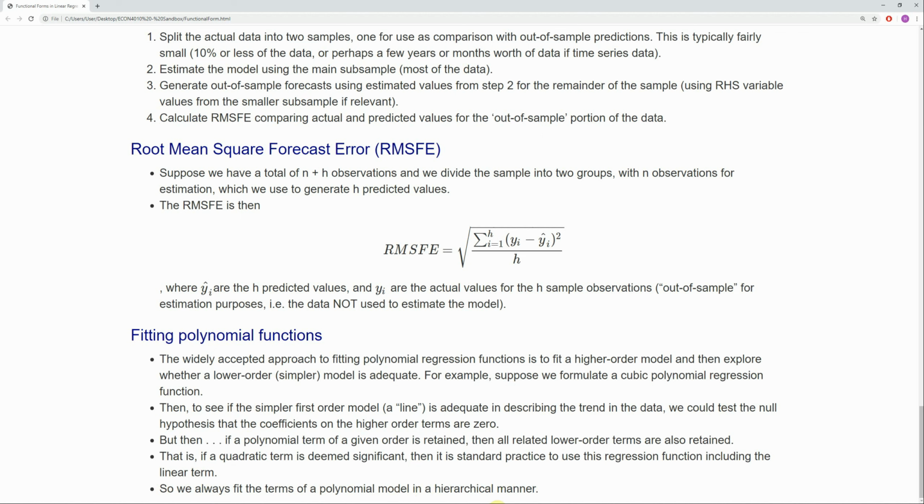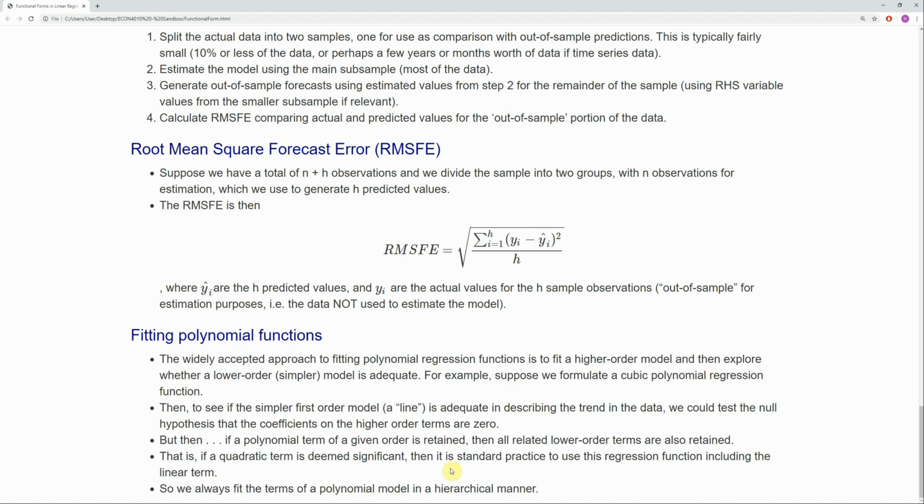So for instance, if you want to figure out if a polynomial function with an order of 4 is what we want to go with, we first check if the fourth term is significant. If it was significant, we have to include all the other terms before that as well.